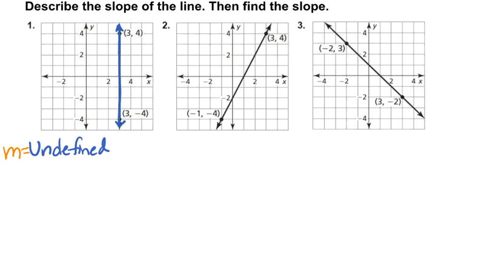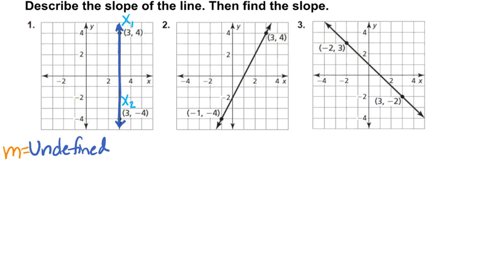And we could definitely calculate that if we wanted to, where here we have our x1 value, and here's our x2 value, and here is our y1 value and our y2 value. So according to our equation, we can subtract those.